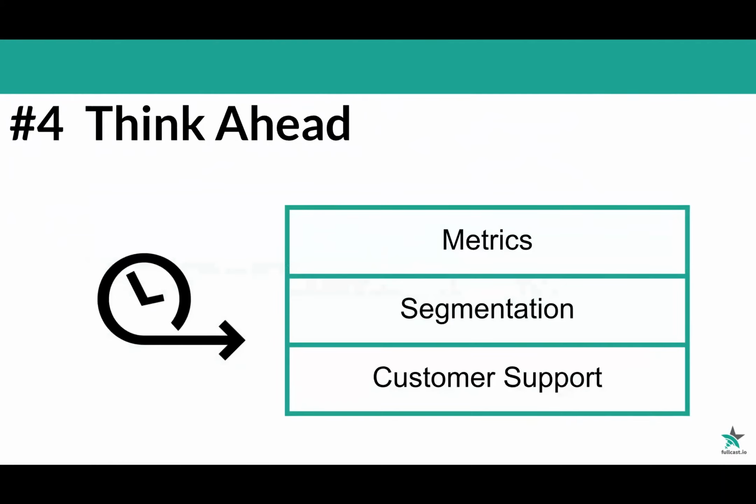Tip number 4, think ahead. So there's a common business analogy from hockey that talks about it being necessary to skate where the puck is going, to move your organization to where the market is going, not where it is today.